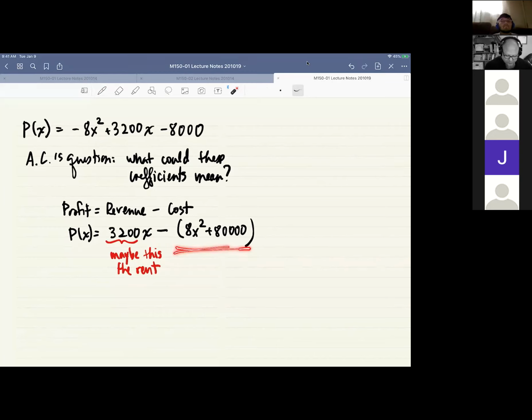And then over here, you've got two things. You've got a term that depends upon X, the number of units you rented, and a term here that is a fixed number. It's independent of X. It doesn't change as X changes. So an economist might call this a fixed cost, and maybe it's the manager's salary.